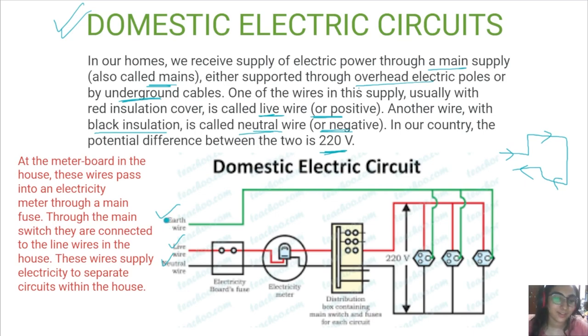So what is the requirement of this earth wire, or this green color wire? This is basically so that if in some way there is some extra current here which might cause some problem or cause some short circuit in the appliances, that extra current moves through the earth wire and gets deposited far below the ground.